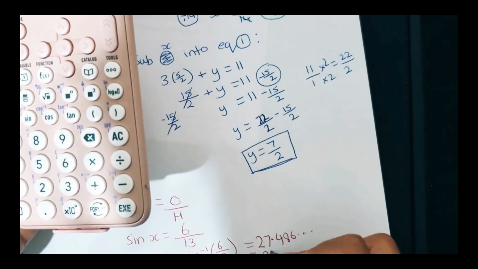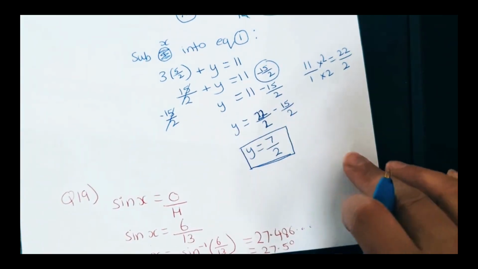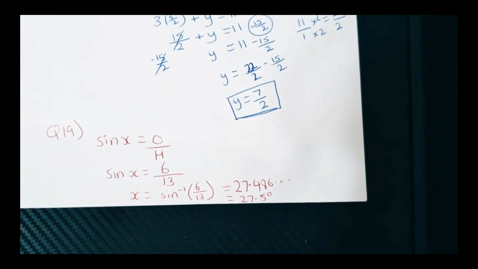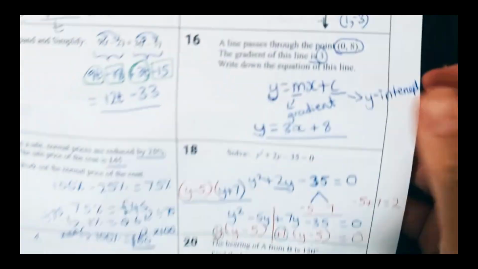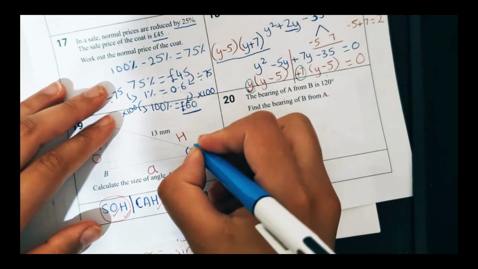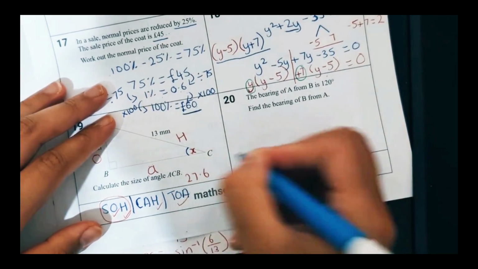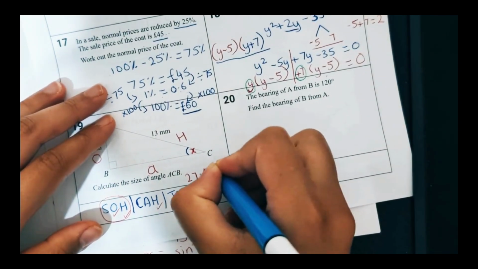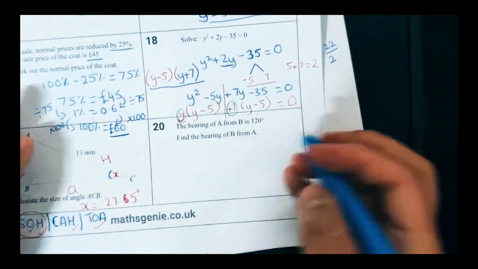So that means it should be 27.5 degrees. Okay, for sine the letter X, this angle here. So that's what X is going to be.